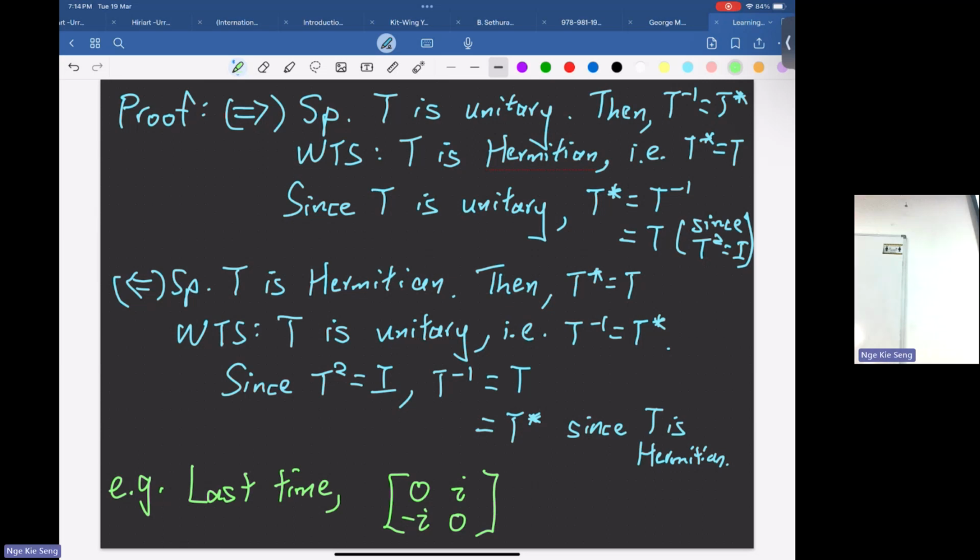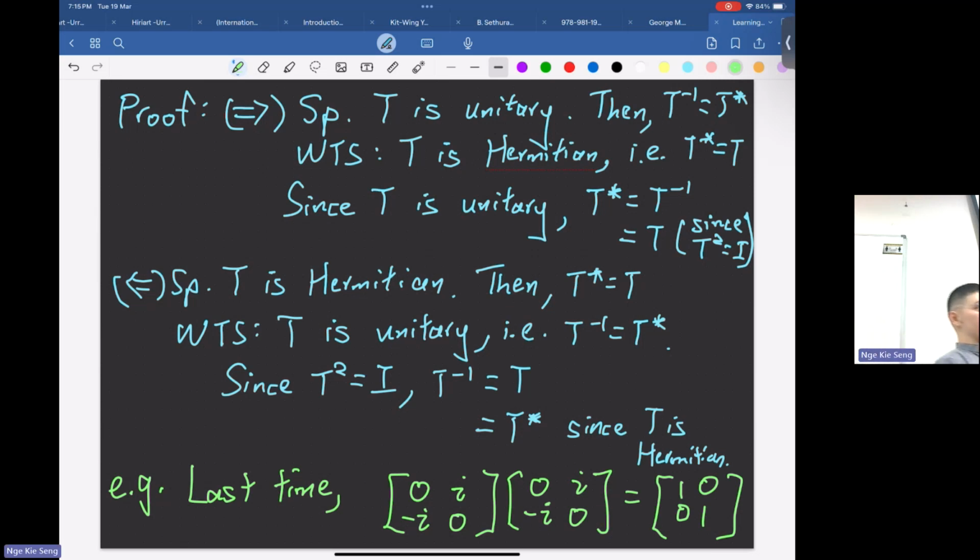Is this matrix squares to identity? You can do the matrix multiplication. Is this square to identity? Yes, right.